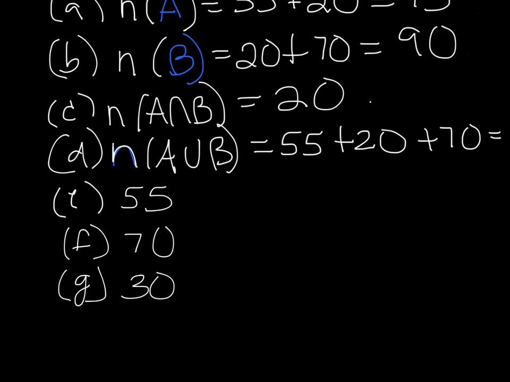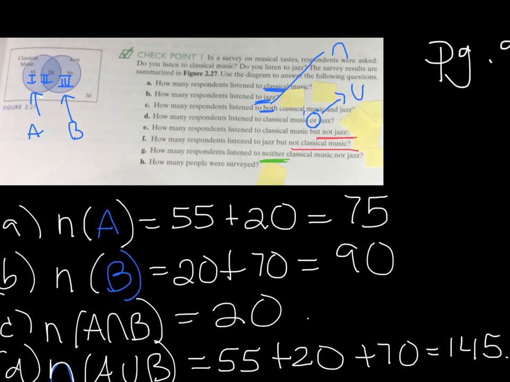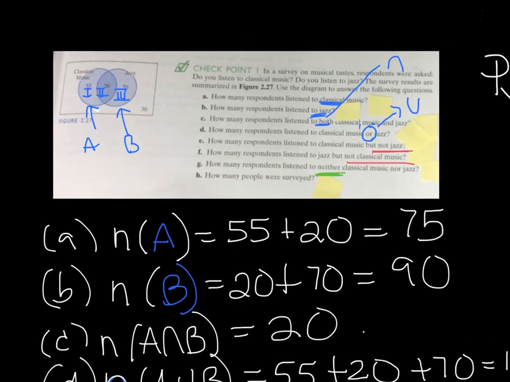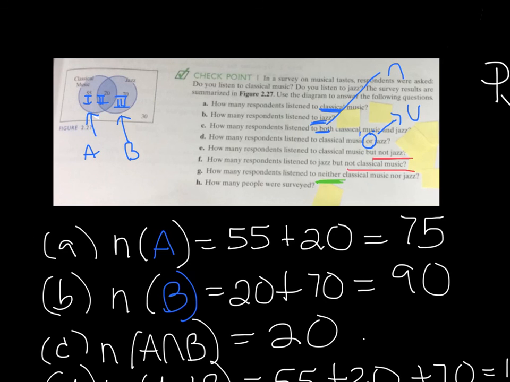And then finally, how many people were surveyed? The total number of people surveyed is just 55 plus 20 plus 70 plus 30.